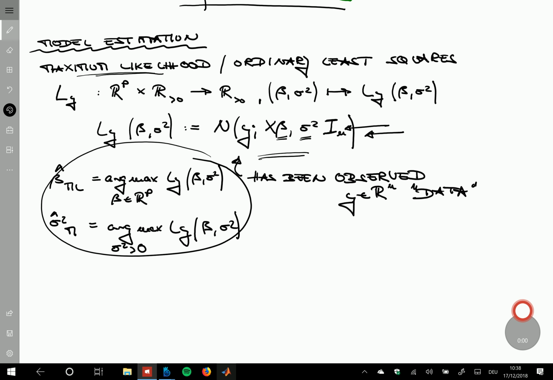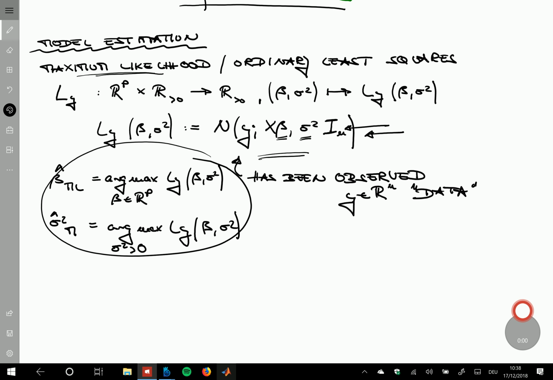The thing is, beta is in general a vector, not a single scalar, so you have to compute what is known as the gradient of the likelihood function, which is the concatenation of all the partial derivatives with respect to the individual parameter values.